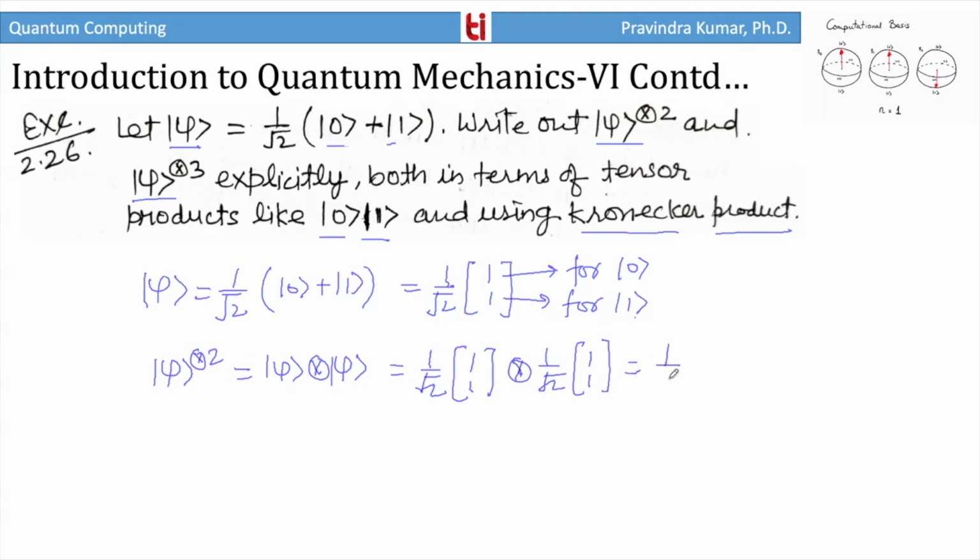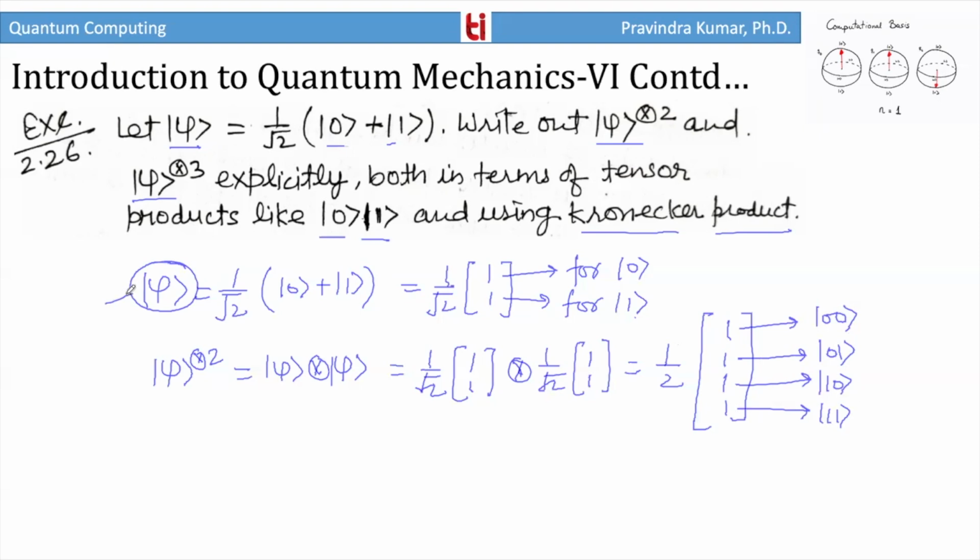So it will be 1 by 2 times [1 1 1 1] of size 4 by 1, where the entries are for basis ket 00, ket 01, ket 10, and ket 11. So in psi there are two bases, ket 0 and ket 1, but in the tensor product of order 2 there are four bases, and I can write this as 1 by 2 times ket 00 plus ket 01 plus ket 10 plus ket 11.